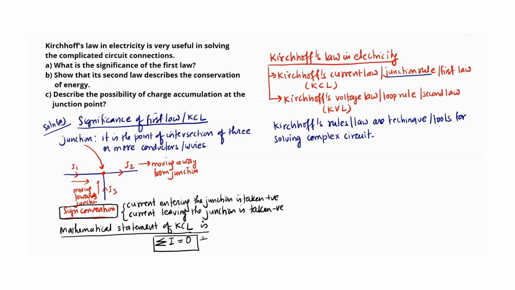So this is valid at a junction. So the algebraic sum of current into any junction is 0. So this is called Kirchhoff's first law or current law. So we have this, okay.